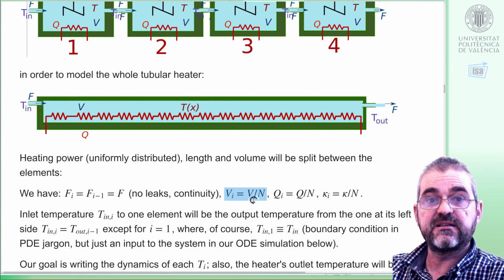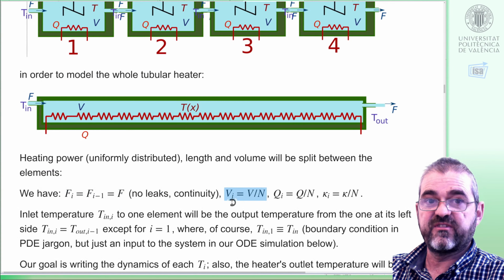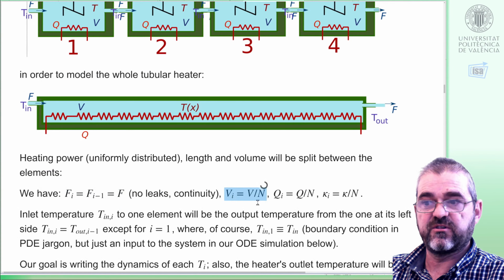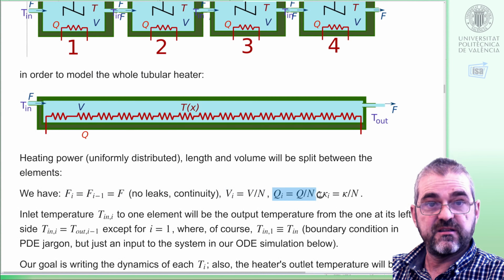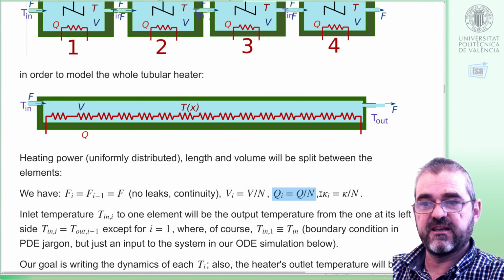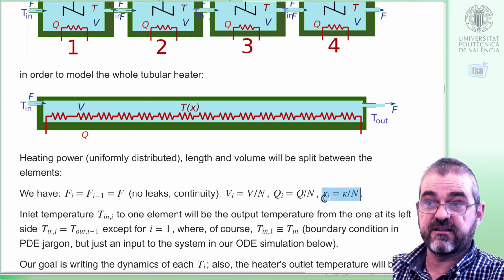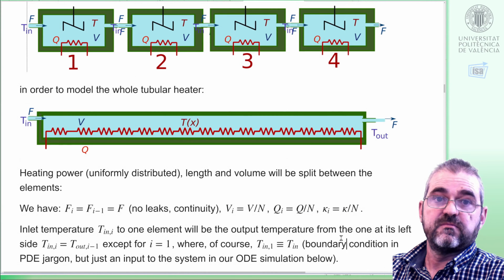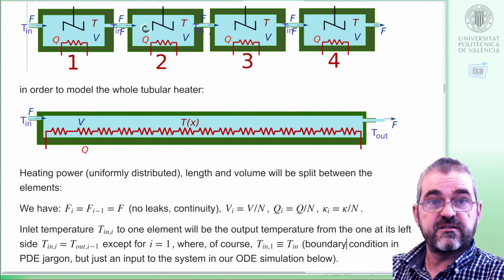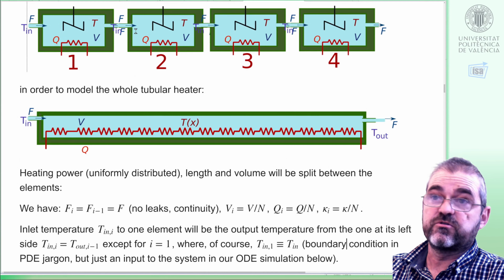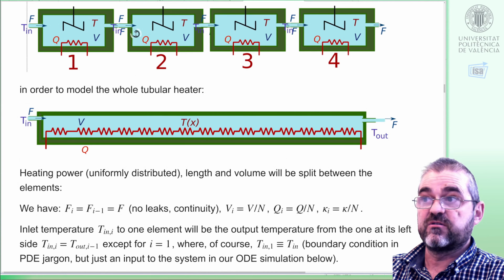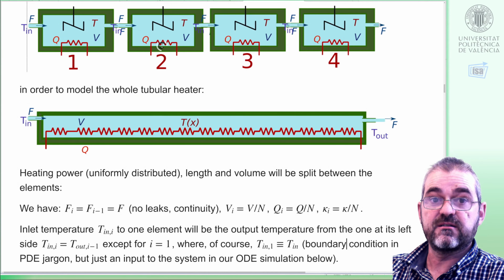If we have capital N elements, the volume of each element is total volume divided by N. Heating power also divides by N, and heat losses are total divided by N. The interconnection is equal flow, but also the inlet temperature of element 2, let's say, is the outlet temperature of element 1.